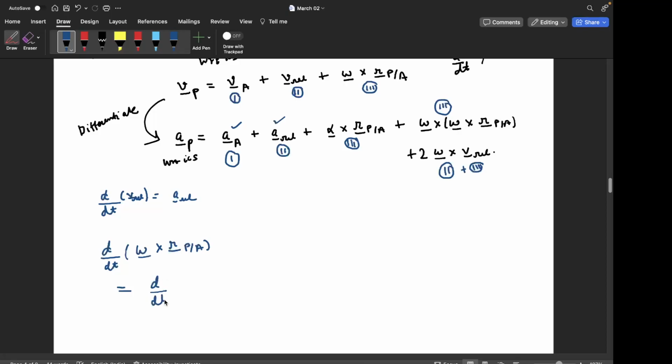First will be differentiation of omega, then crossed with RPA, and then it will be omega cross differentiation of RPA, and finally there will be omega cross the term itself which we are differentiating.